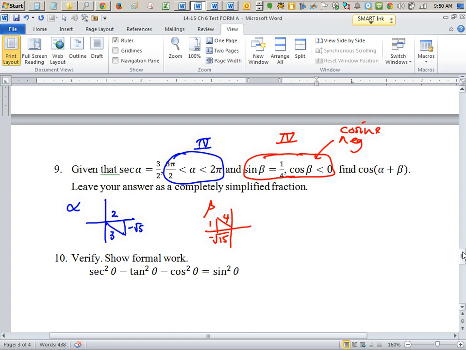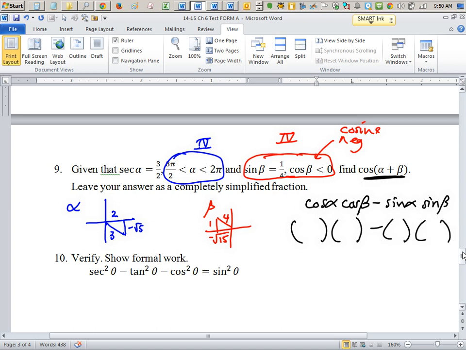Okay, now I got my two pictures, and then this just becomes a cos of alpha plus beta problem. So you're going to need cos, cos, minus sine, sine, like that, and 4 fractions. So cosine, 2/3, cosine, negative root 15 over 4, sine, negative root 5 over 3, sine, 1/4.